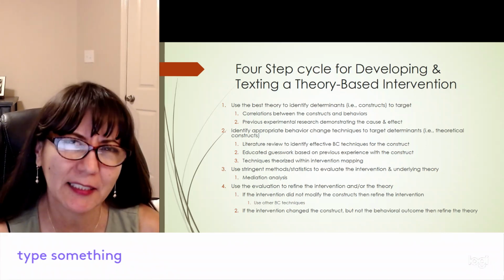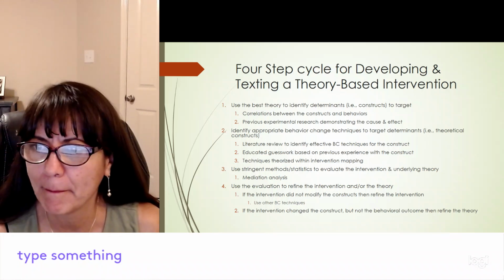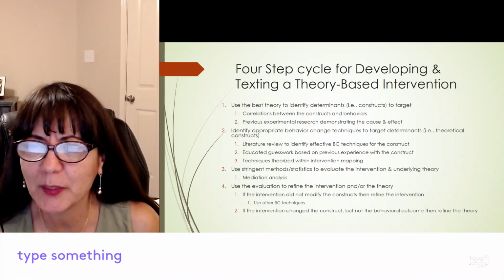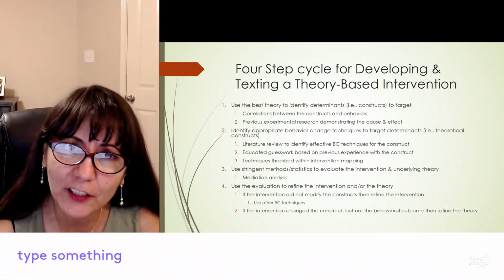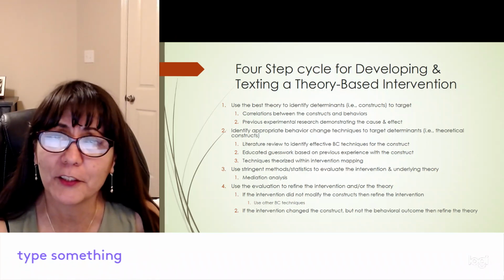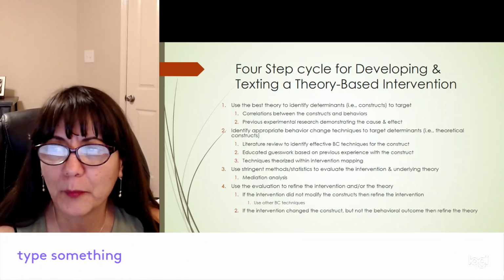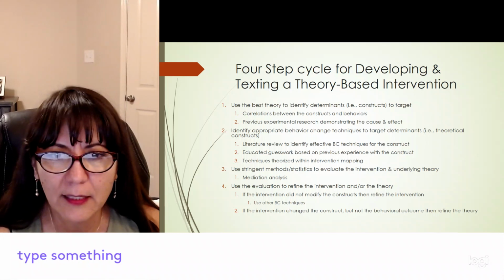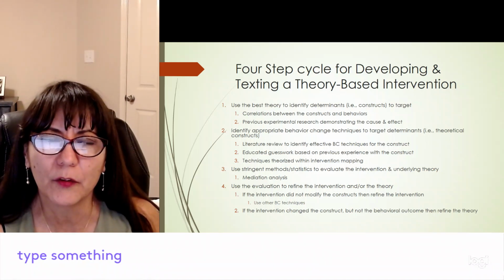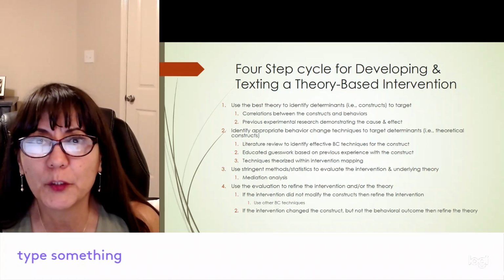But right now we're focusing on individual change, behavior change theories. So you want to examine, are there correlations between the constructs that I'm thinking of targeting and the actual behavior? Because if there's no relationship there, then you might be wasting your time. You might want to look at previous studies demonstrating a cause and effect between those specific constructs and the behavioral outcomes you want to target.